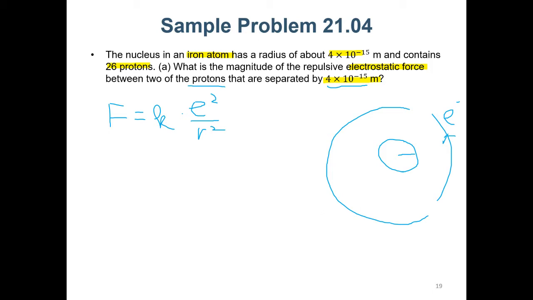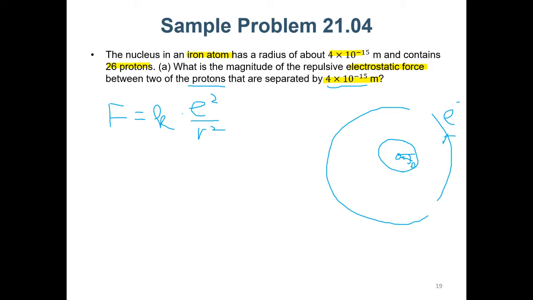There should be some protons and neutrons inside. Maybe a proton is here, a proton is here. There should be a repulsive force because they are all positive charges, so this force should be something like this.